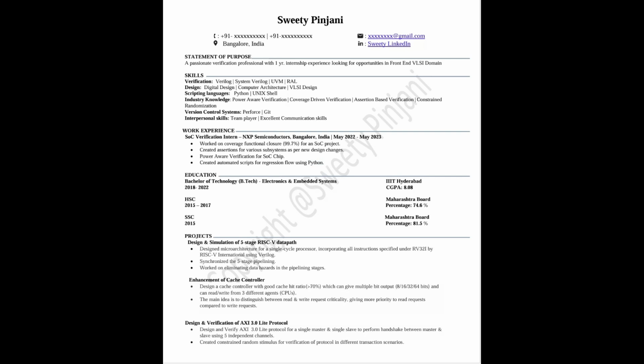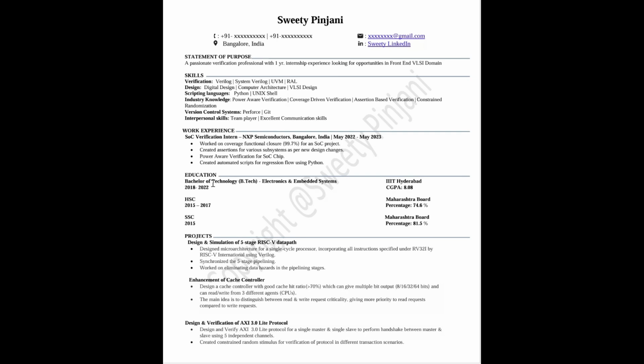Now, since this person is almost a fresher, with just 1 year of internship experience, educational qualification also we have to mention, and the percentage or CGPA also. If you have already crossed 3+ years of experience, then you can put the education towards the end. Here what I did, I put the work experience first, and after that I am putting education, and then I'll put the academic projects.